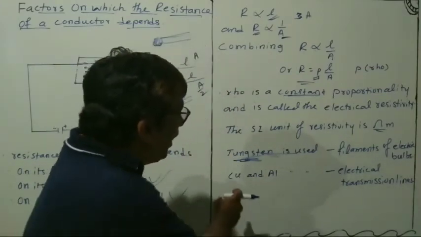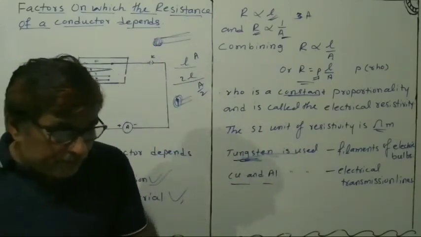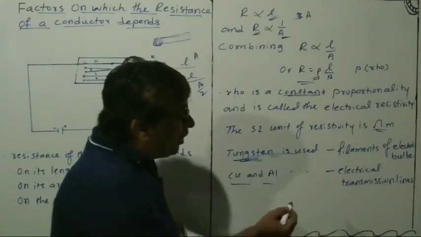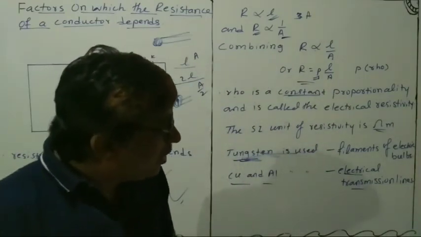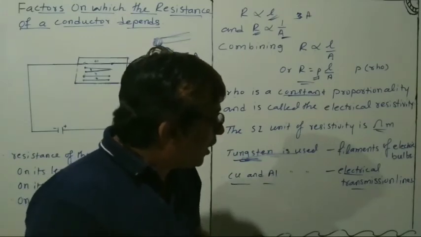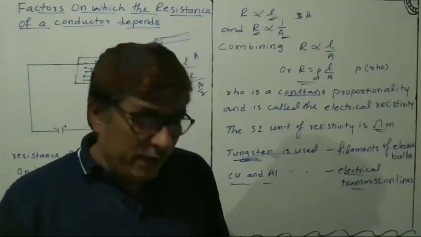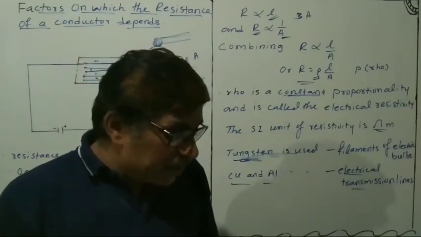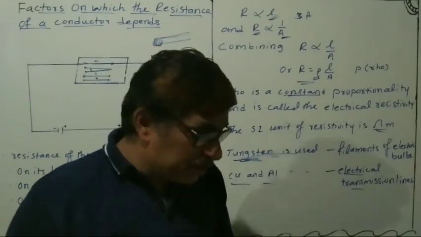Whereas copper and aluminum are used generally for electrical transmission, meaning the transporting of electricity through transmission lines. These are the general uses of copper, aluminum and tungsten.